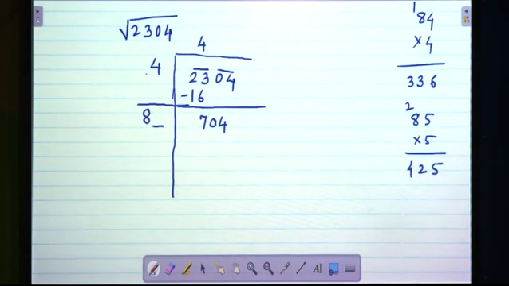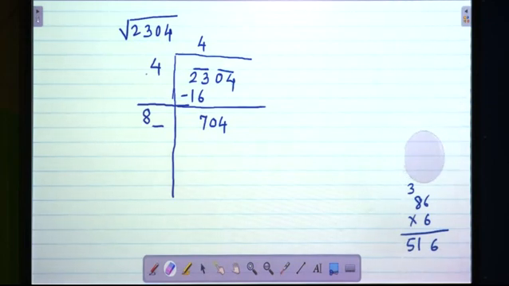This is also smaller. 86 sixes: 6 sixes are 36, 8 sixes are 48, 48 plus 3 is 51. It is still smaller, so we guess more digits, to find a value nearby. If it comes exactly, the remainder is 0; if it goes above, then we take a smaller value.